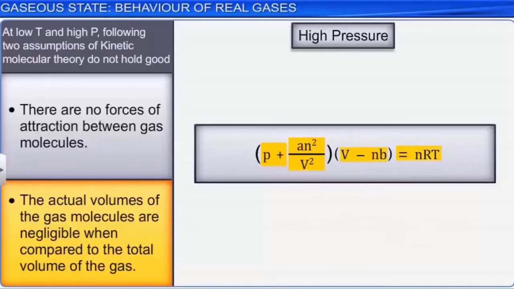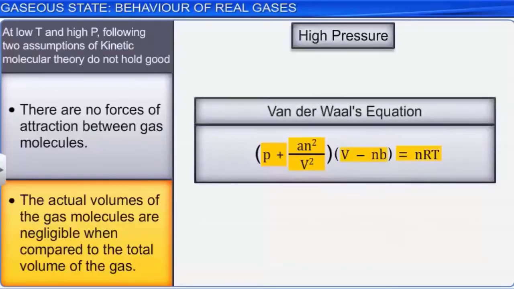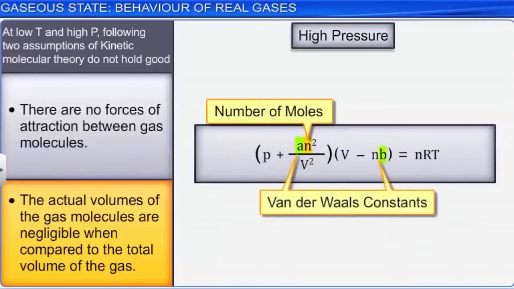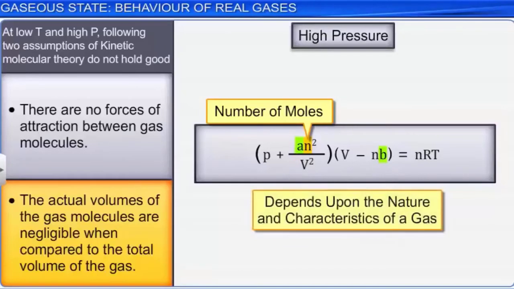Here, n indicates the number of moles, and the constants a and b are called van der Waals constants. The values of a and b depend upon the nature and characteristics of a gas. The value of a is independent of temperature and pressure.